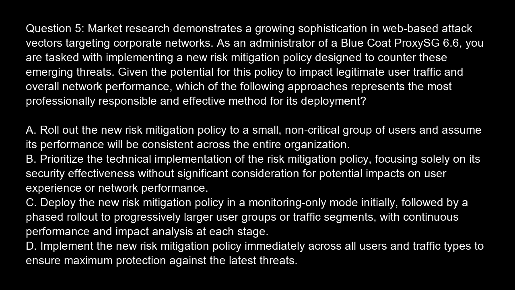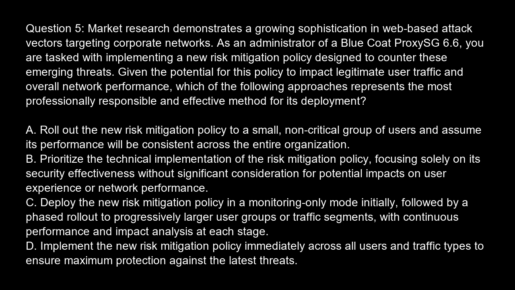Option A. Roll out the new risk mitigation policy to a small, non-critical group of users and assume its performance will be consistent across the entire organization. Option B. Prioritize the technical implementation of the risk mitigation policy, focusing solely on its security effectiveness without significant consideration for potential impacts on user experience or network performance.